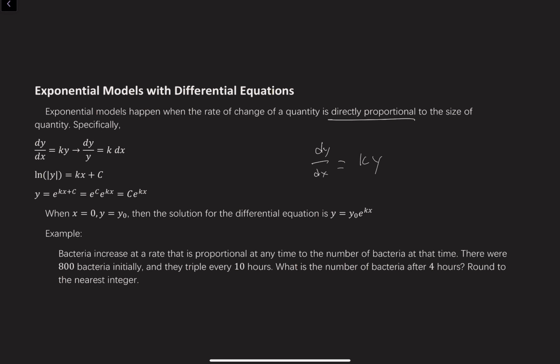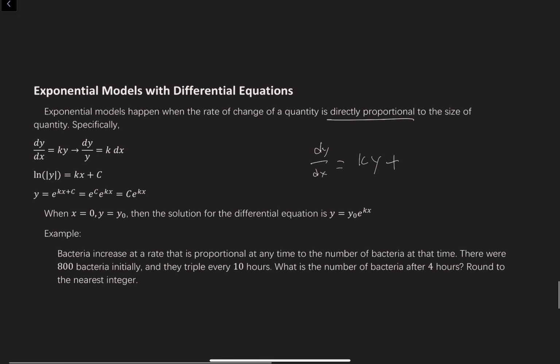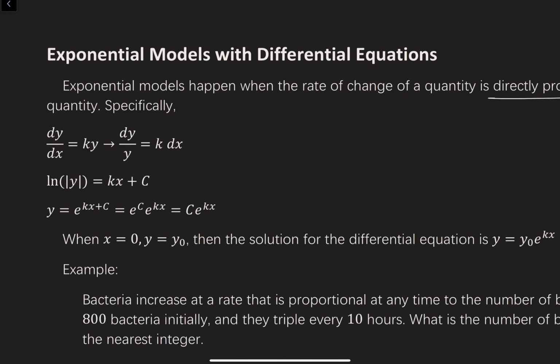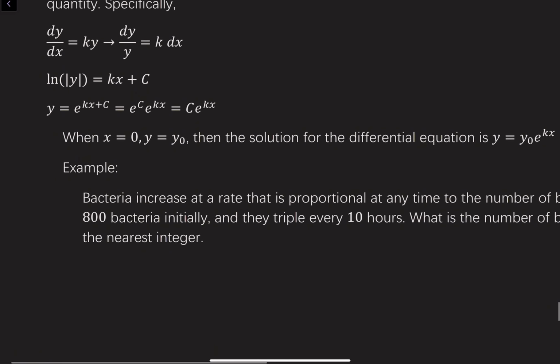When there's no "directly," it may have some constant c added to it. And so here is the derivation step. dy/dx equal to ky, and we can separate into this, take the integral of both sides, we get this result here, and we just need to solve for y.